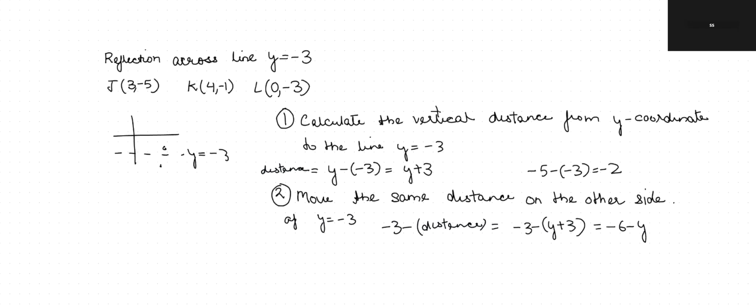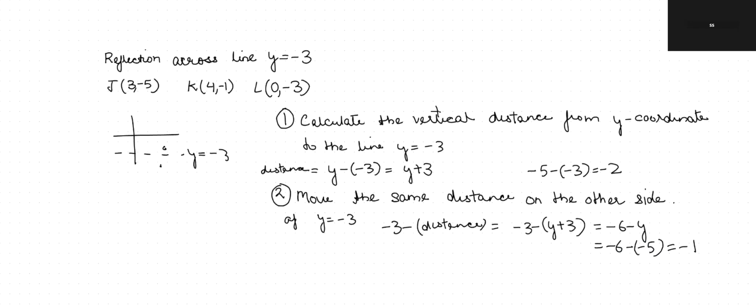So for this point J, we got -2 as the distance, but if we do it like this, it will be -6 minus y, so -6 minus (-5), which will be -1.